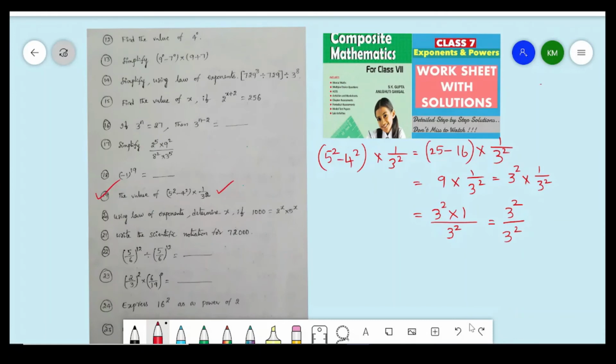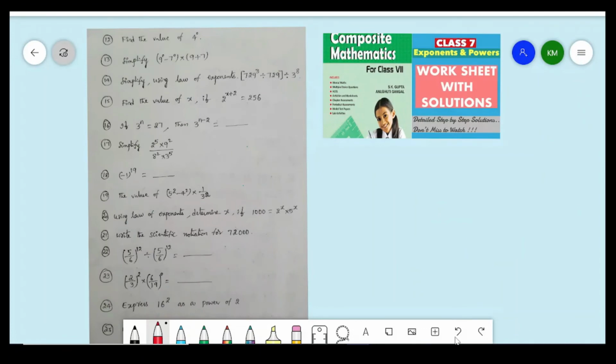Again if you use the formula a power m divided by a power n, the answer is a to the power of m minus n. So using this formula, this becomes 3 power 2 minus 2, that is 3 power 0. Again there is another formula: a power 0 is always equal to 1. So here 3 power 0 is nothing but 1. So this entire expression value is 1.